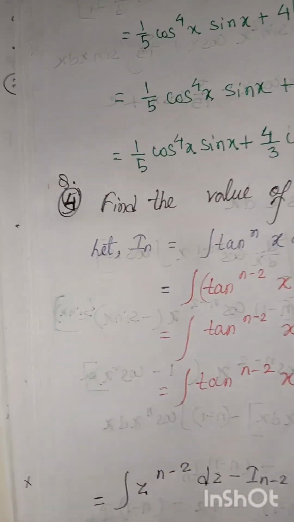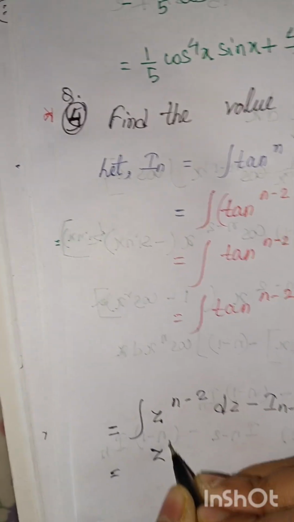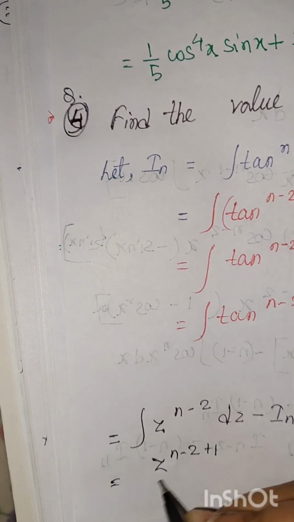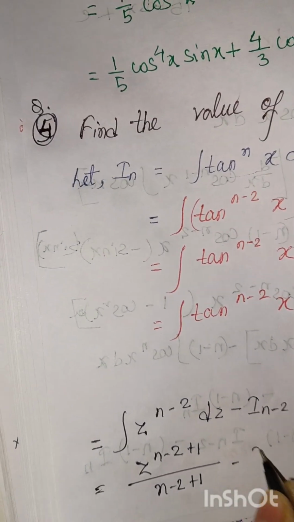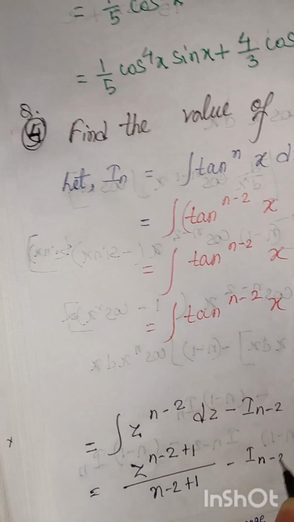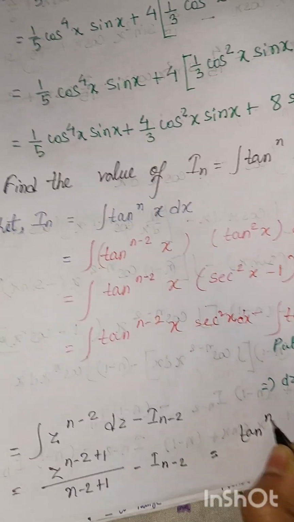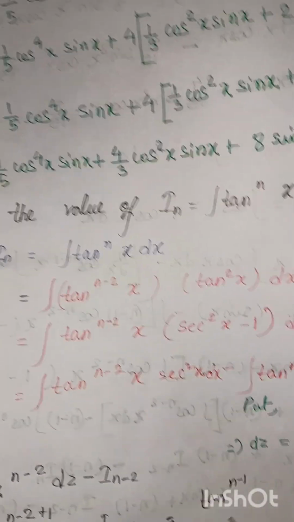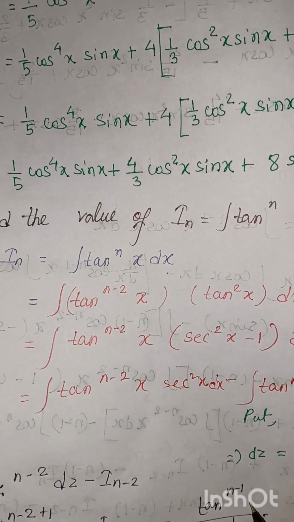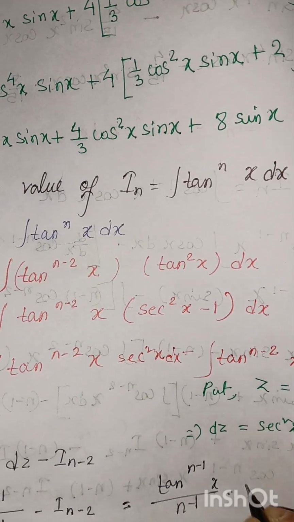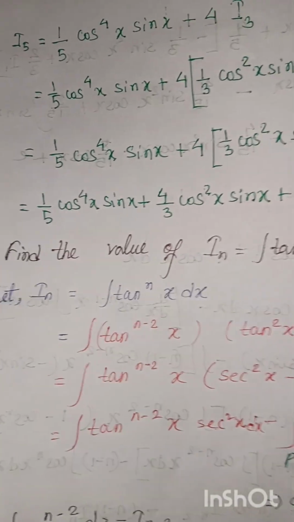Next line, we all know the integral of x to the power n is x to the power n plus 1 by n plus 1, so n minus 2 plus 1, minus I n minus 2, equals tan to the power n minus 1 x by n minus 1 minus I n minus 2. We just put the value of z.